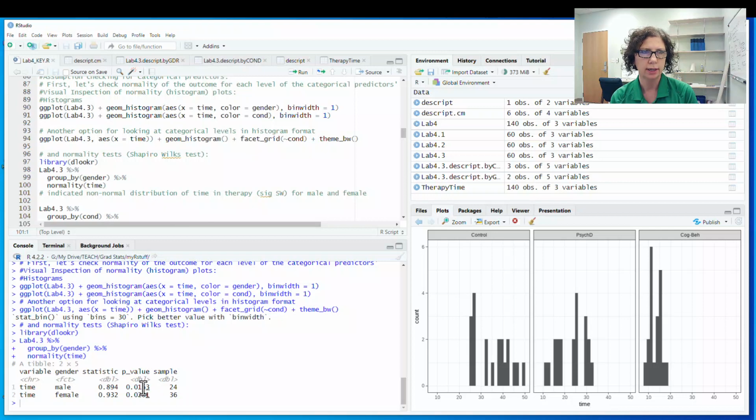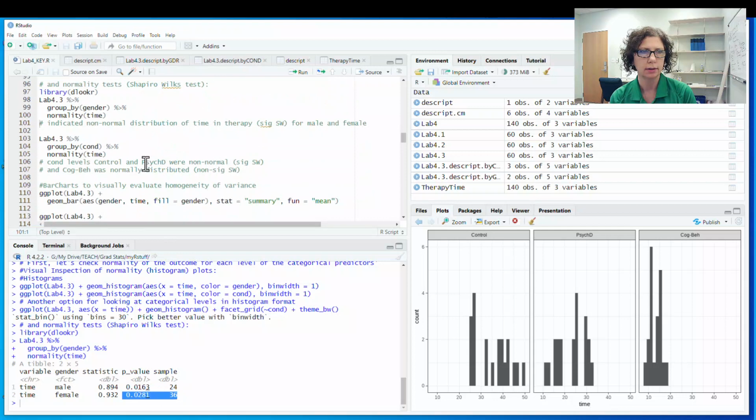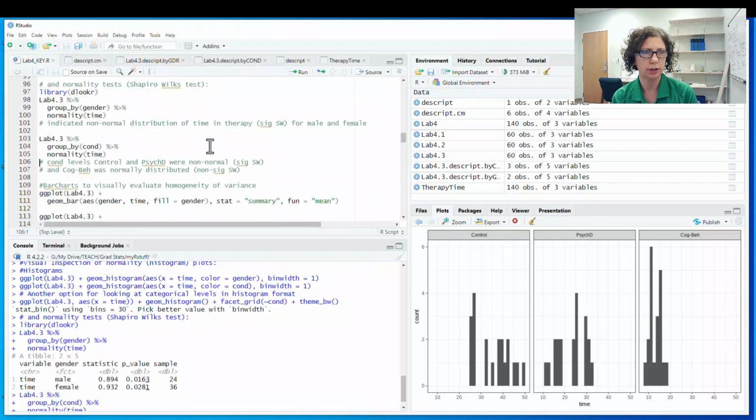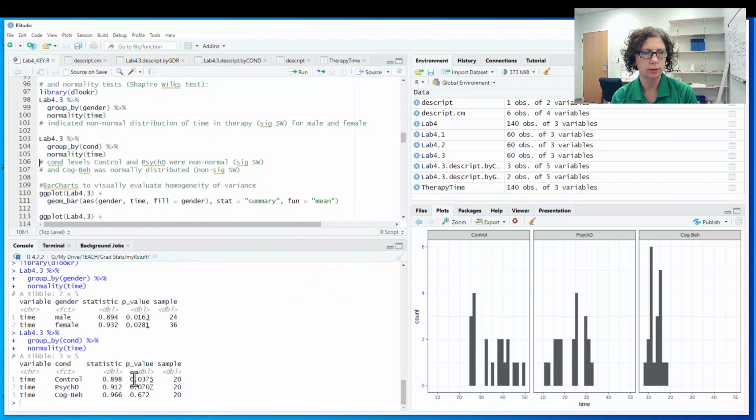We have a non-normal distribution for male and female, that the Shapiro-Wilks test came back significant. And checking for this one, we have 2 significant Shapiro-Wilks for control and Psych D, but Cog Behavioral said that it was not unequally distributed on the outcome of time spent.